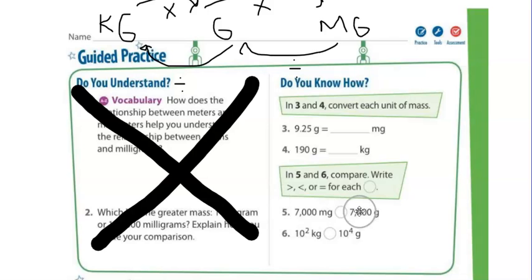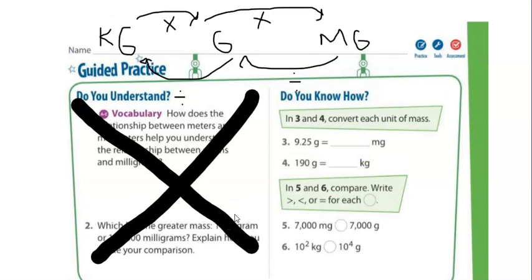So today is another day that you're going to be able to do a little bit of mental math. So you can go ahead and cross off numbers 1 and 2 today, and we're going to start on number 3. So looking at number 3, and I kind of created a little makeshift conversion chart up here showing going from kilograms to grams, grams to milligrams is multiplication, and then backwards is going to be that division piece.